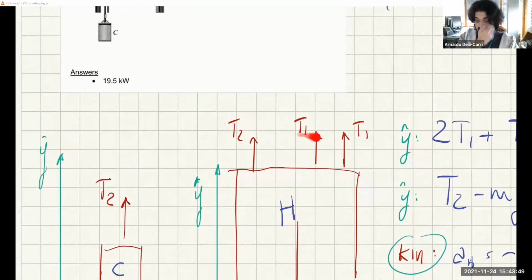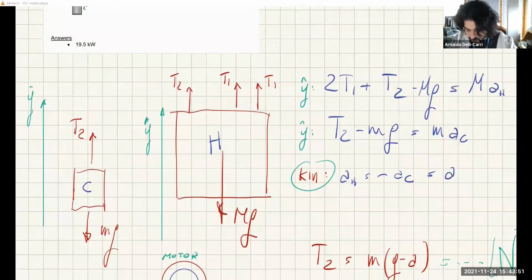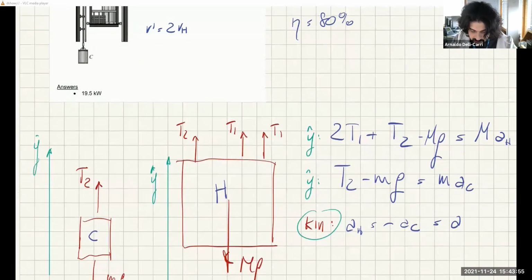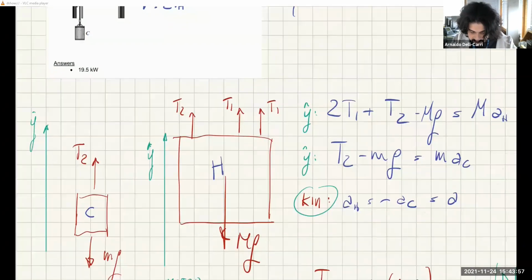These are the forces acting on H, including its own weight, of course, mg. And for the counterweight itself, it's very easy to see that it's just T2, exactly the same as this, and its own weight, mg.